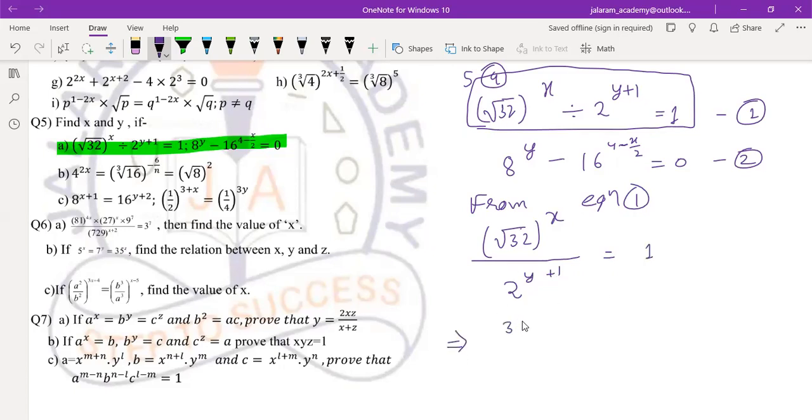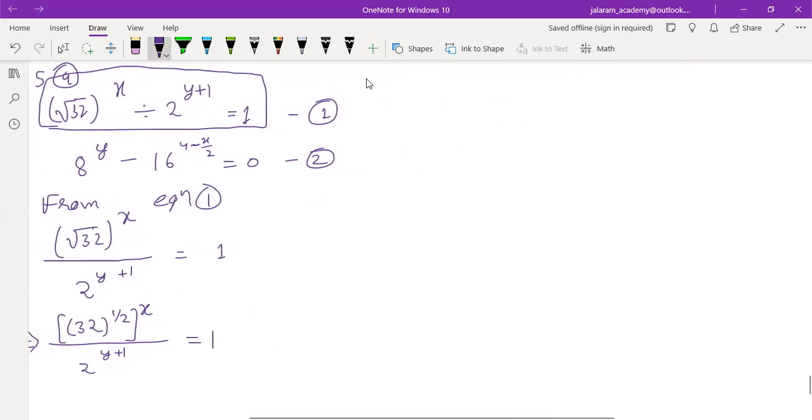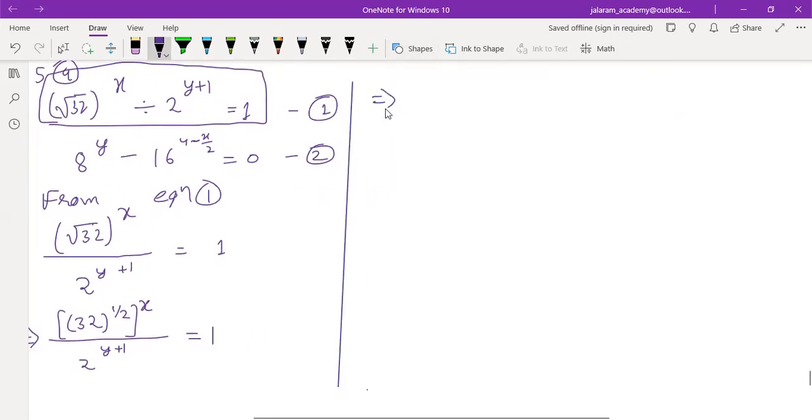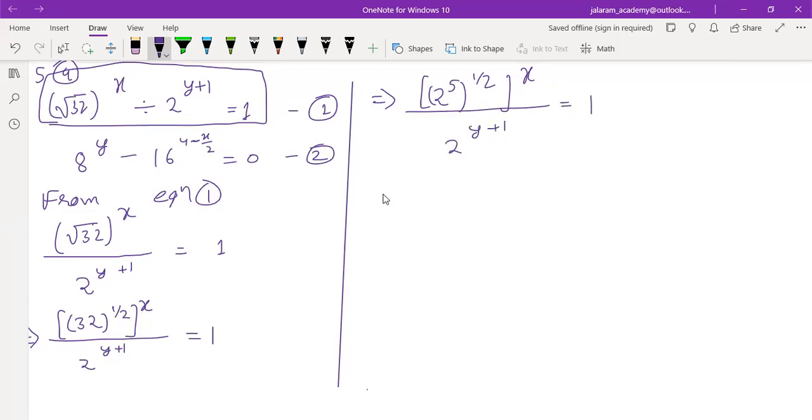Root 32 means we can write 32 to the power half whole to the power x over 2 to the power y plus 1 equals to 1. It implies 32 means 2 to the power 5 whole to the power half whole to the power x over 2 to the power y plus 1 equals to 1.